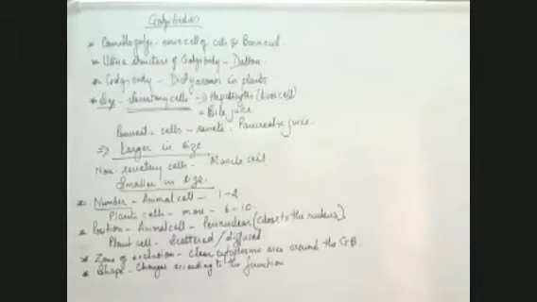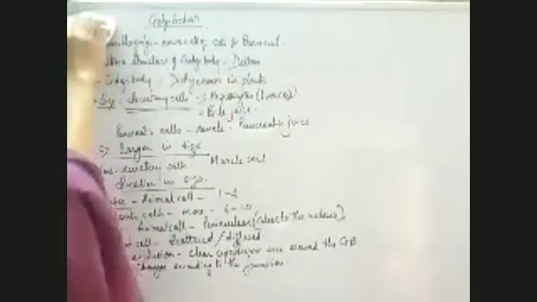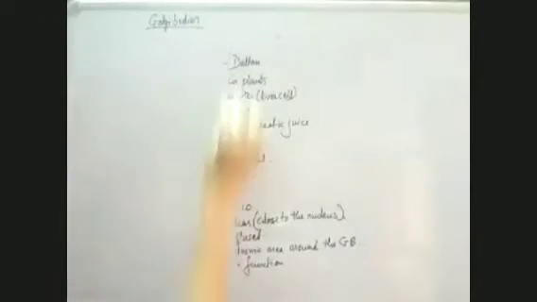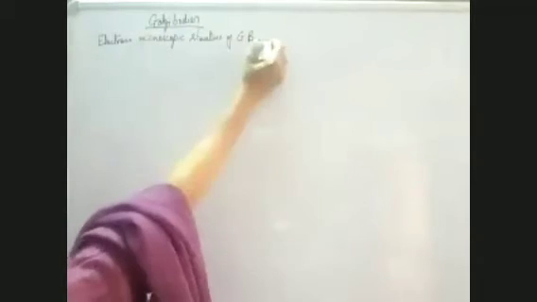Now I move on to the next point, the structure of the Golgi complex, the ultrastructure or electron microscopic structure, which was given by Dalton.